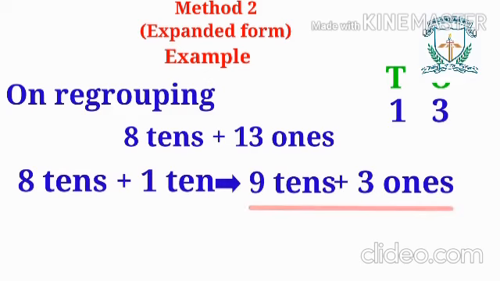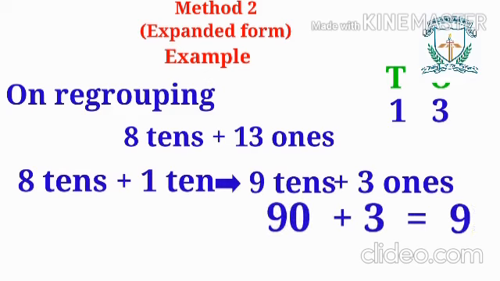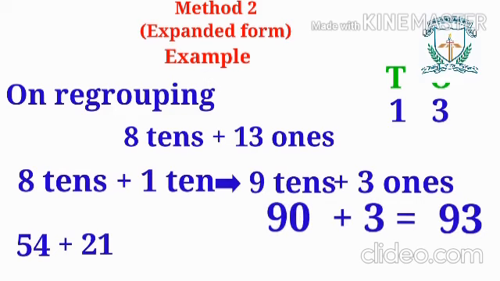Thus 9 tens plus 3 ones, which means 90 plus 3 is equal to 93. So 54 plus 21 plus 18 is equal to 93.